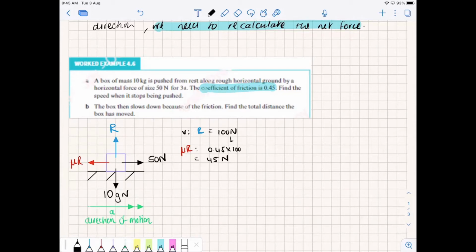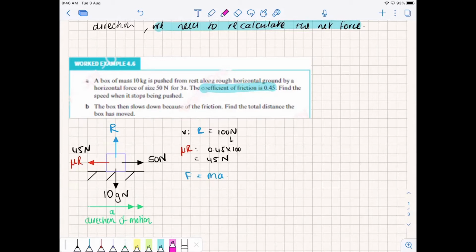So the only thing to do now is to calculate the net force. You can even write on your diagram that you've calculated this as 45 newtons. You can see I've got 50 newtons going in one direction and 45 going in the opposite direction. So I can already see that I have a positive 5 newtons force in the direction of motion. So I'm ready to calculate my acceleration.